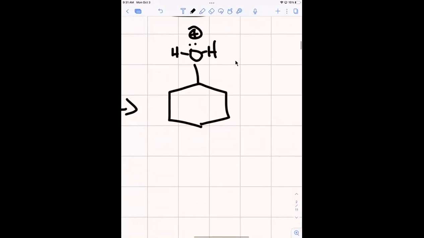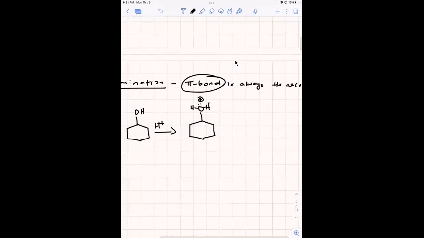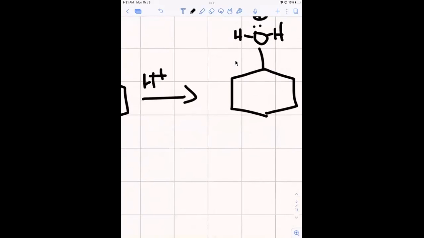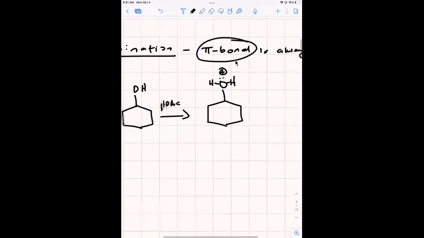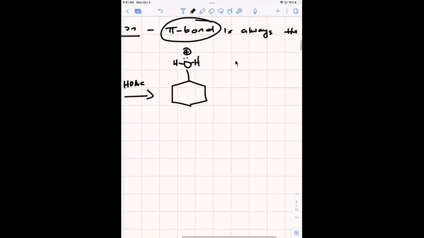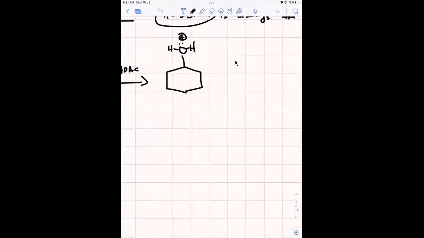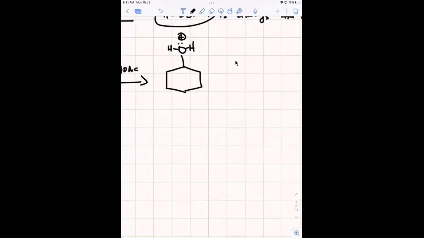Now that's positive. Let me make this into some acid, let's say acetic acid. Again, when we talk about elimination, we're talking about putting a double bond or pi bond somewhere in this molecule.